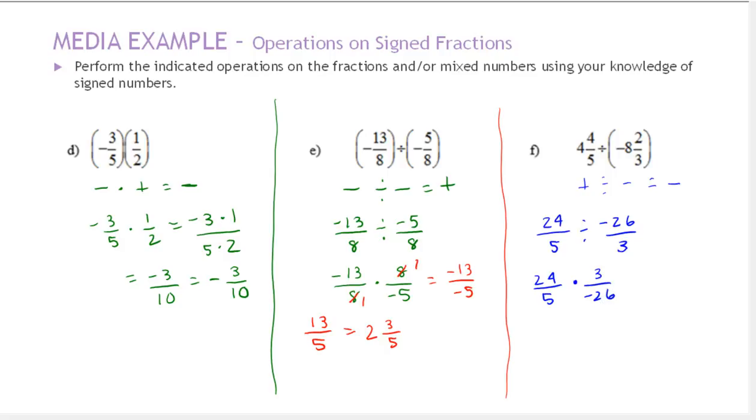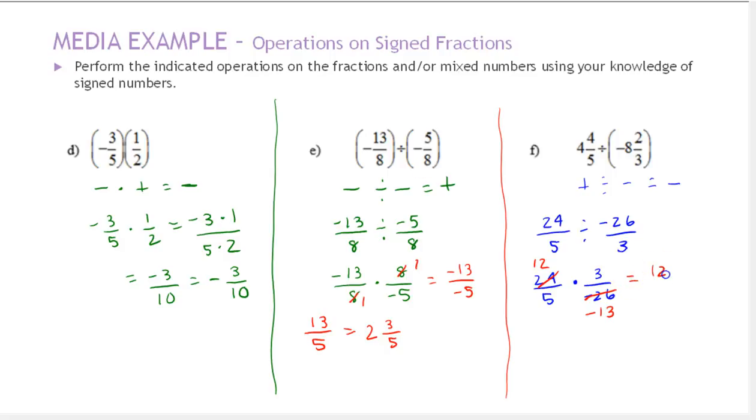Okay. And now let's see if there's any common factors to cancel. Well, 24 and 26 are both even, so I'm going to divide them by 2. So this is 12. Negative 26 divided by 2 is negative 13, so that will make it a little bit easier.